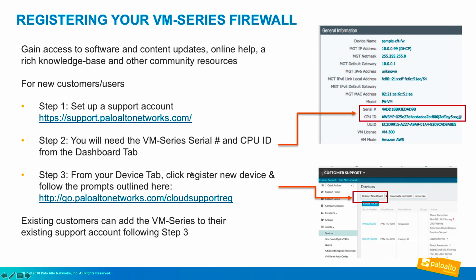With all of this in place, you will go to the Customer Support Portal, select Devices, register new device, follow the process, and you will finish the registration. Existing customers can add VM-Series to their existing support account by following steps number 2 and number 3.